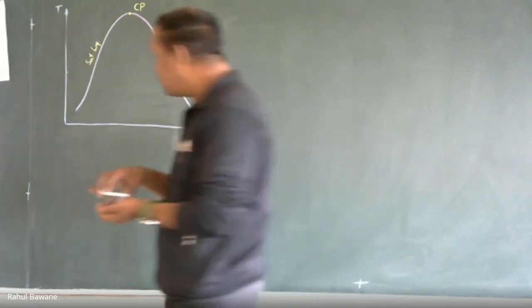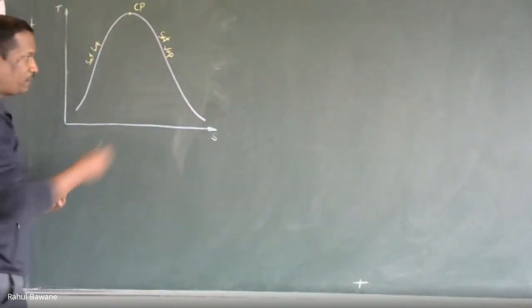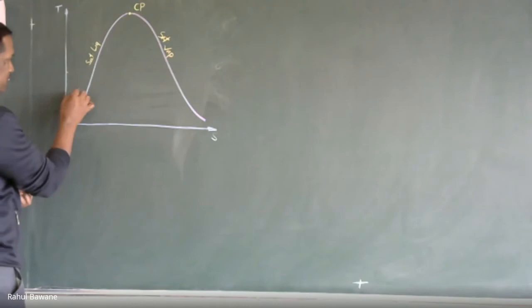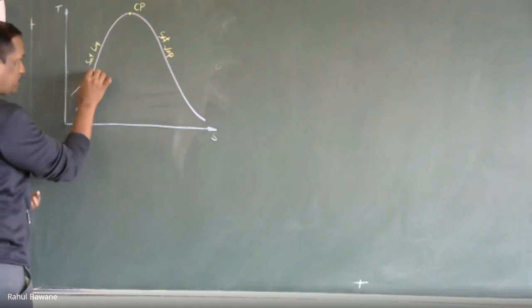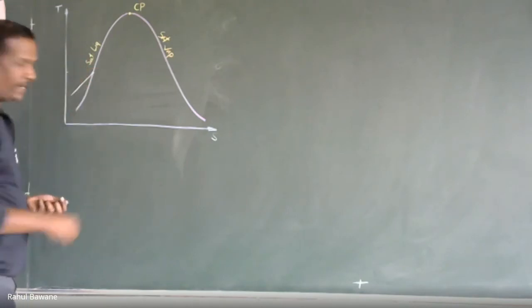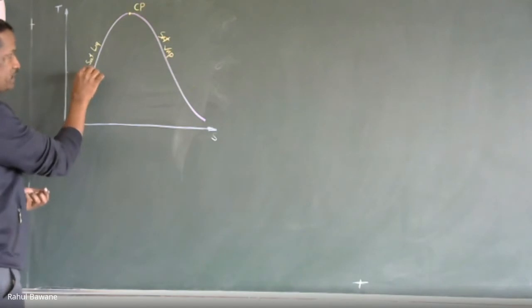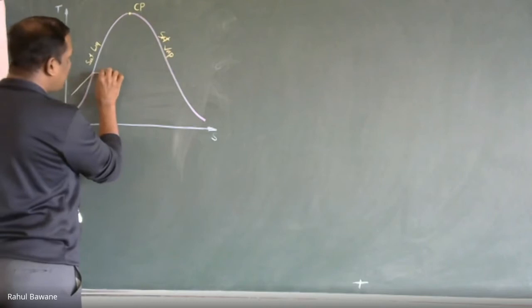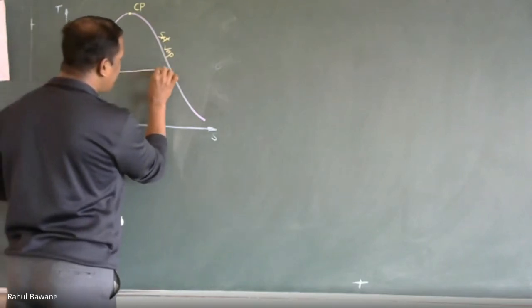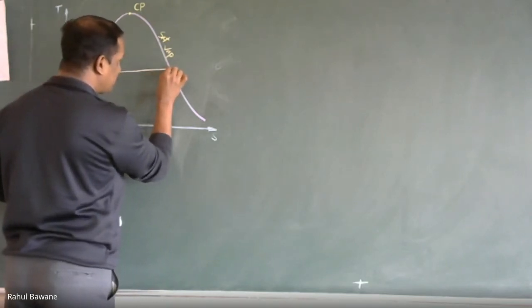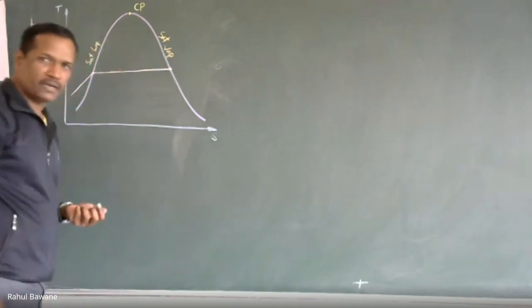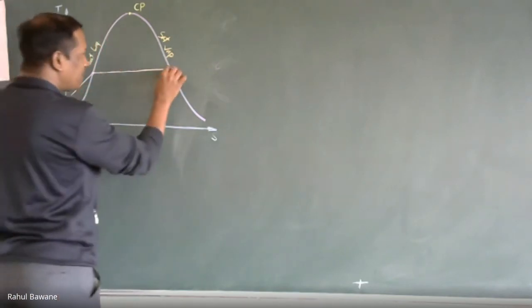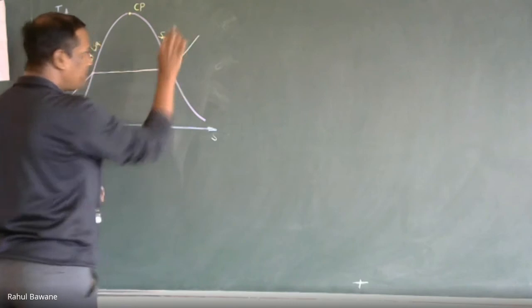If I draw any pressure line, suppose this is the pressure line, at this point it is pure liquid, that means water. When we supply latent heat, this water starts vaporizing, and at this point the complete water has vaporized into steam. Then again there will be a rise in temperature.